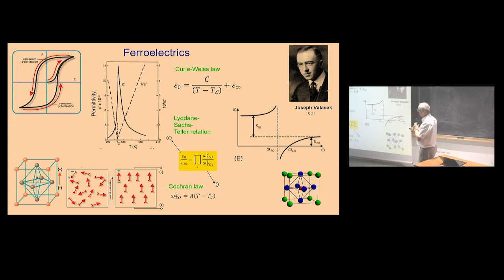Let's say if you have only one polar phonon, you have such a dispersion versus frequency, so an increase of permittivity, and then it goes to a negative value, and then it comes to the high frequency permittivity, epsilon infinity. The transverse optical phonon is here. It is the frequency where there is the highest absorption in the material from phonons, and then the longitudinal phonon frequency is defined by the zero of permittivity.